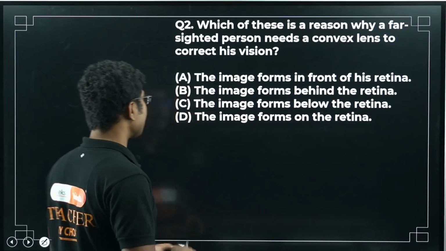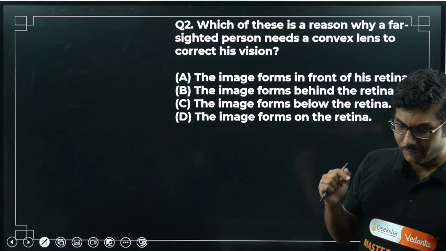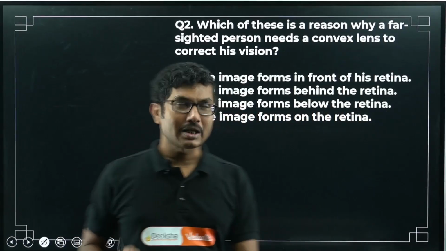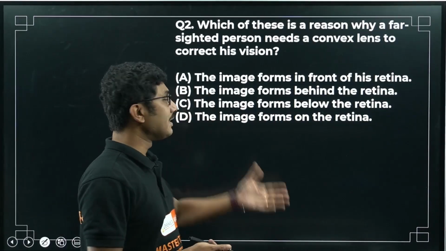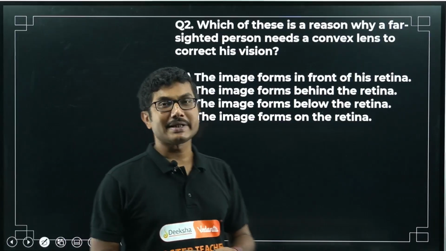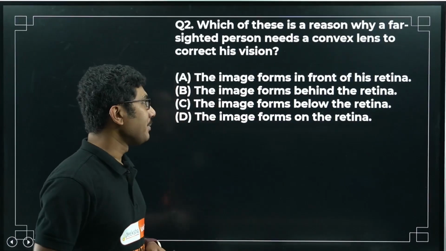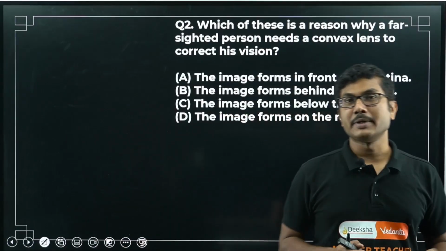Basically, as you can see, option C and option D are not the answer, right? Option D means the eye is perfect. If the image is forming on the retina, then it is perfect, and there is no way the image can form below the retina. So the image is either forming in front of the retina or behind the retina.